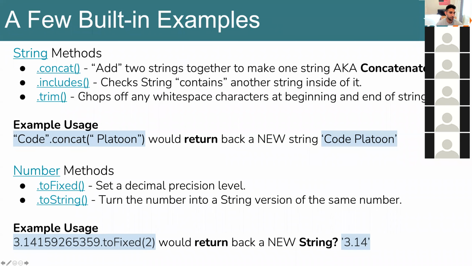And the last one here for strings is dot trim. It chops off any white space characters at the beginning and end of a string. White space character would be a space or other characters that appear like or act like spaces. That could include new lines, which I can show some examples here.